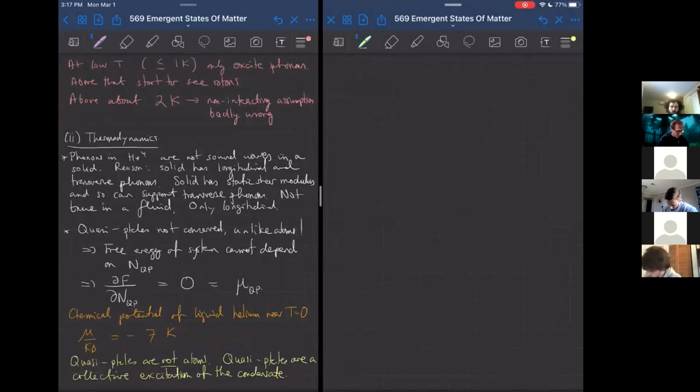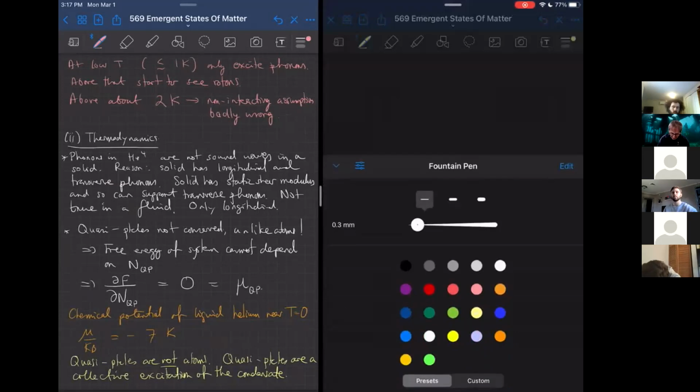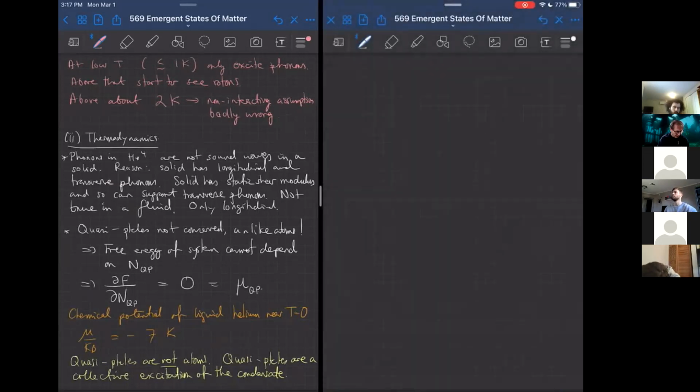Okay, so now, just in the last few minutes, let's try to write down some of the thermodynamics. So we know that they are bosonic quasi-particles.